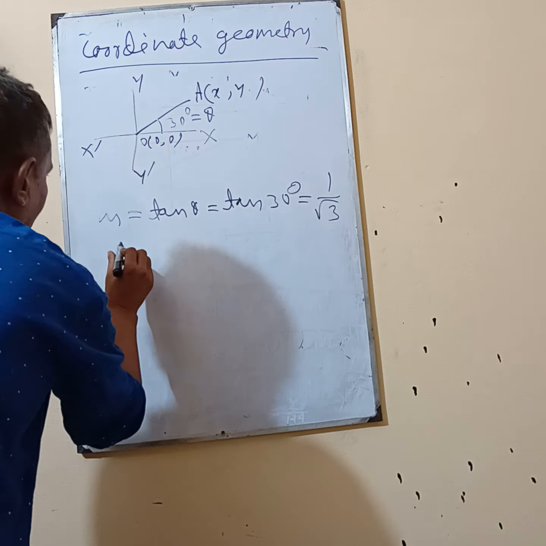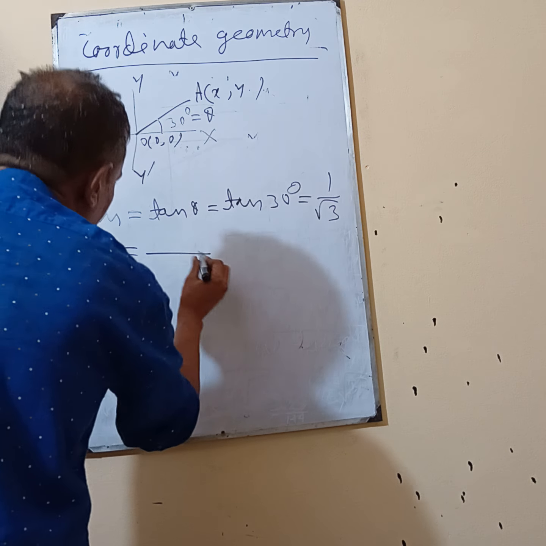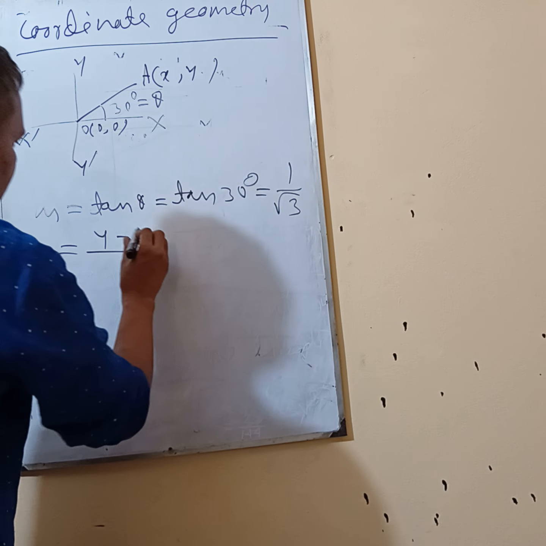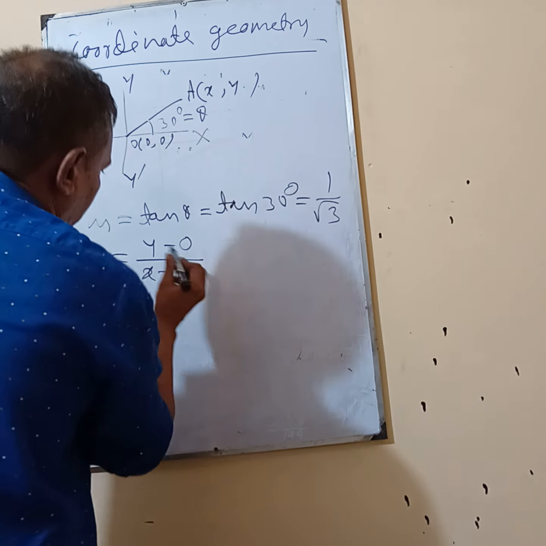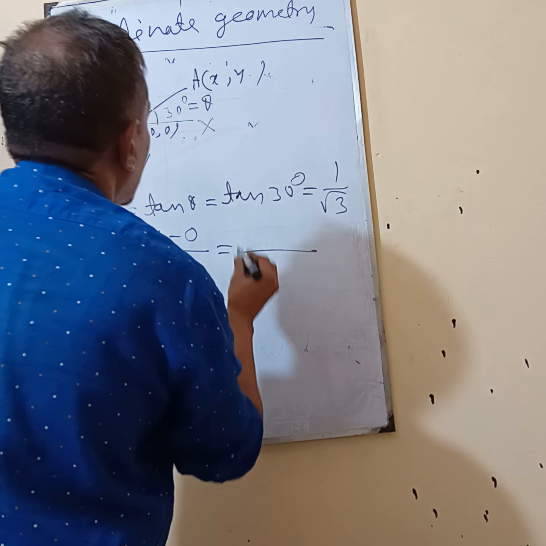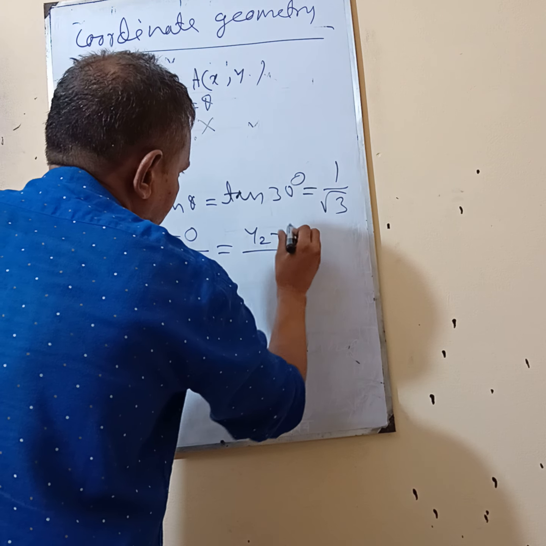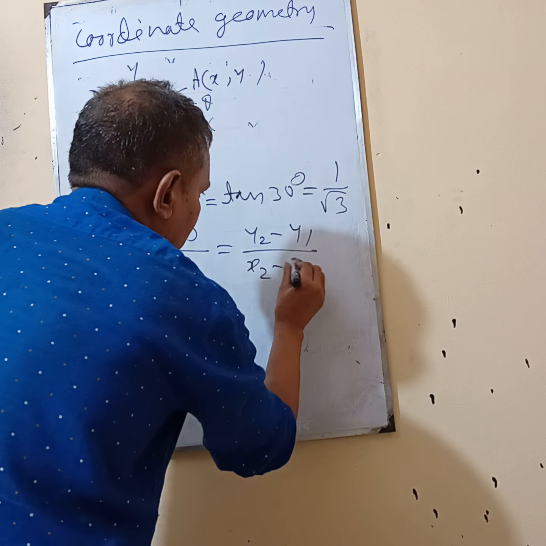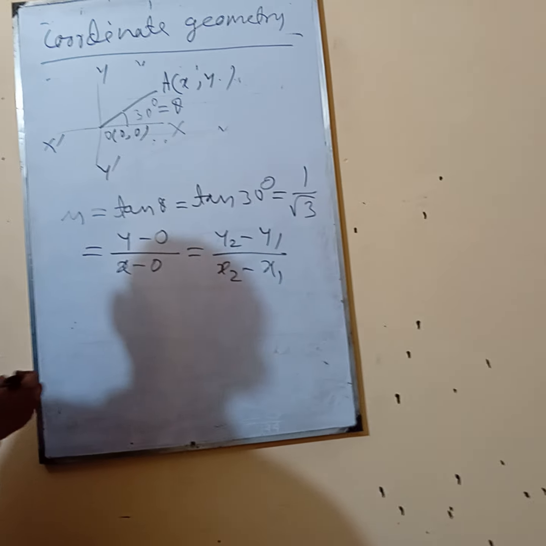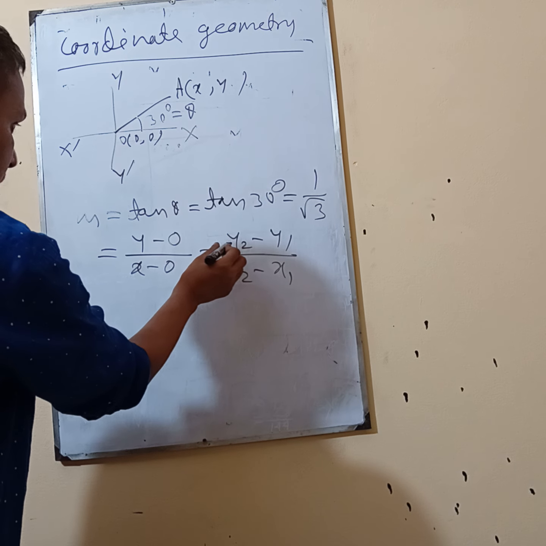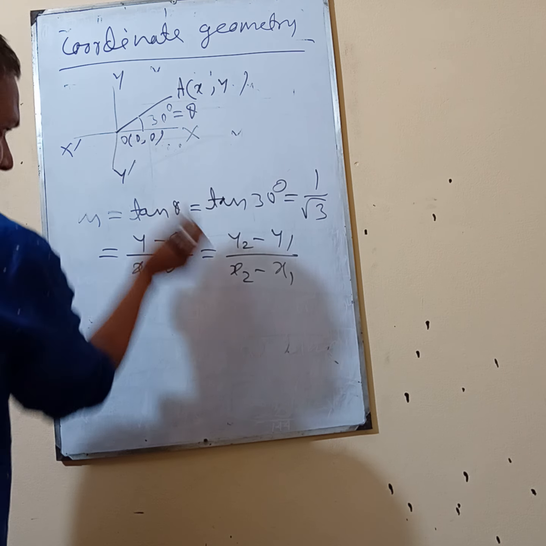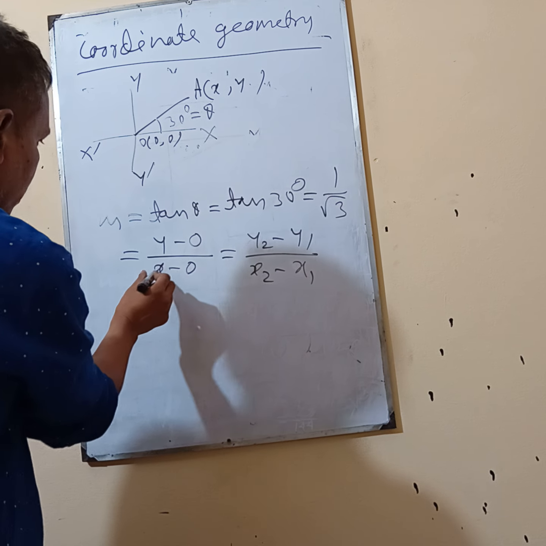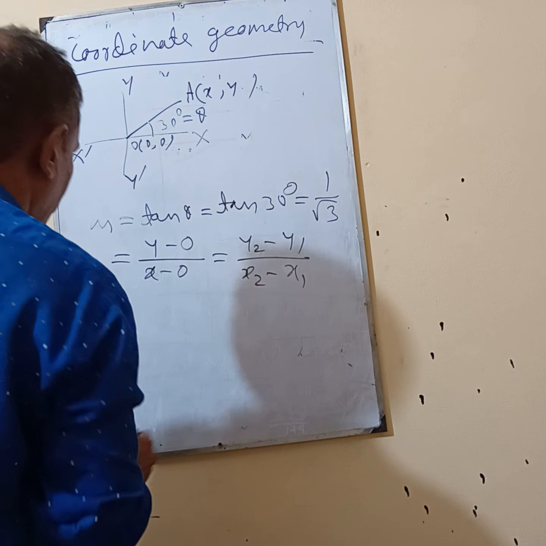And m is equal to y2 minus y1 by x2 minus x1. So y2 is equal to y and y1 is equal to 0, and x2 is equal to x, x1 is equal to 0.